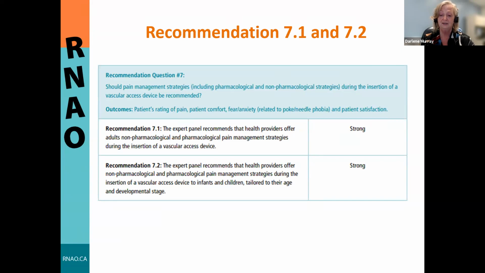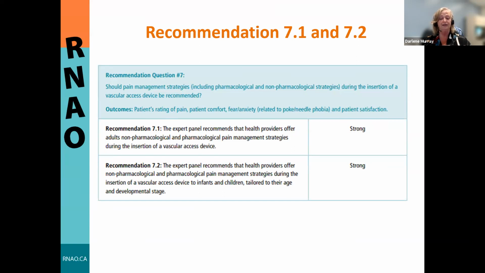The evidence suggests that both pharmacological and non-pharmacological pain management interventions probably will decrease pain, fear, and anxiety related to the procedure, and it will increase patient satisfaction and comfort during the insertion of the vascular access for the adult population. Recommendation 7.2, the expert panel recommends that health providers offer non-pharmacological and pharmacological pain strategies during the insertion of a vascular access device to infants and children tailored to their age and developmental stage.